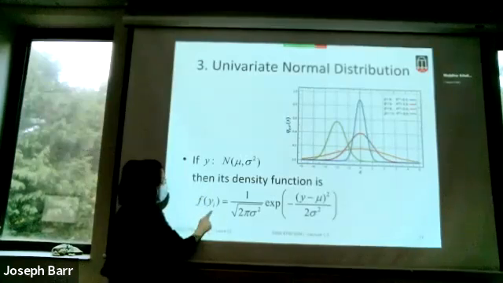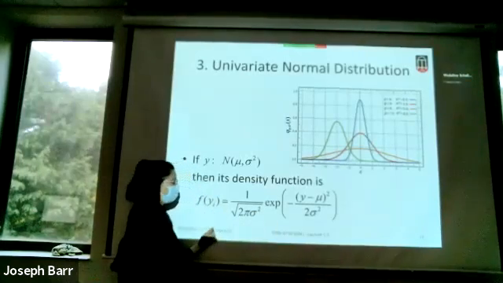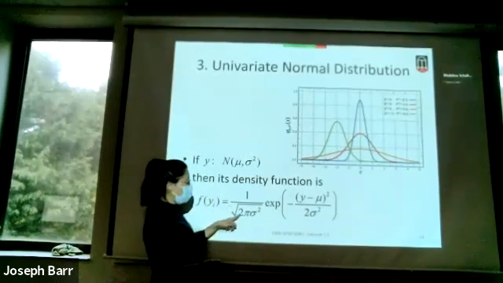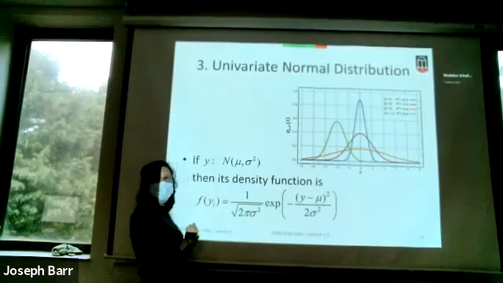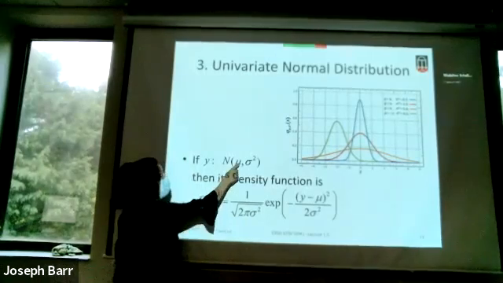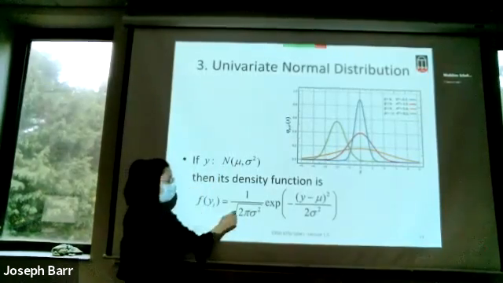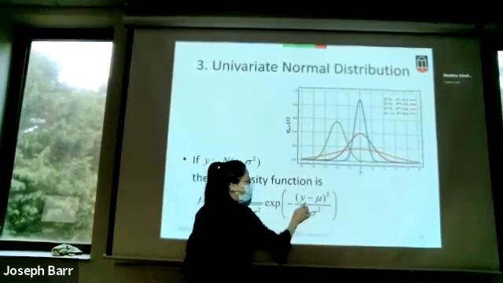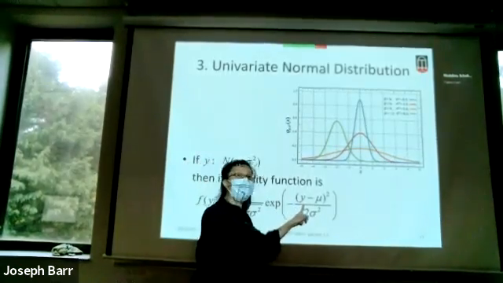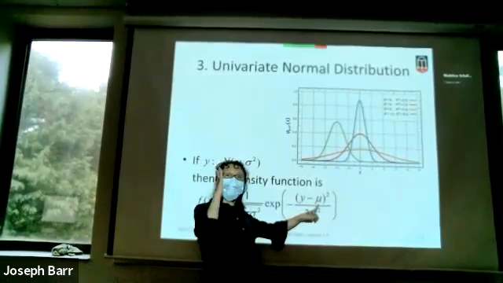So the probability is defined by this formula. We have 2 pi under a square root, and under the square root sign, we also have sigma squared. Sigma squared is the variance of the normal distribution. And here, this is exponential. The power term is y, this is the observed y, and mu is the center.